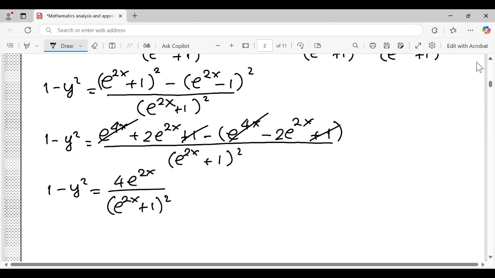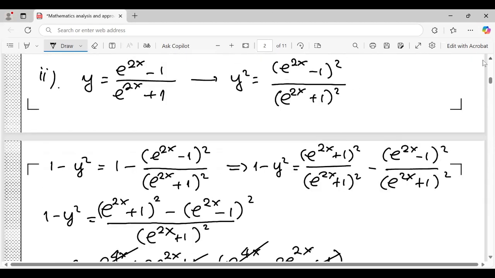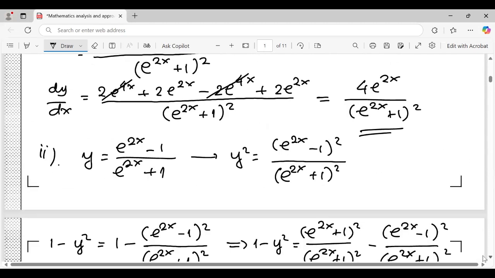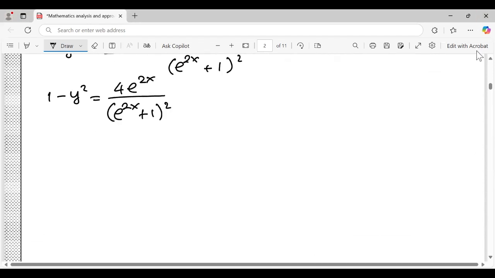So if you look, the first derivative dy/dx is this one: 4e^(2x) over (e^(2x) plus 1) squared. So we can state this equation: 1 minus y squared equals dy/dx.